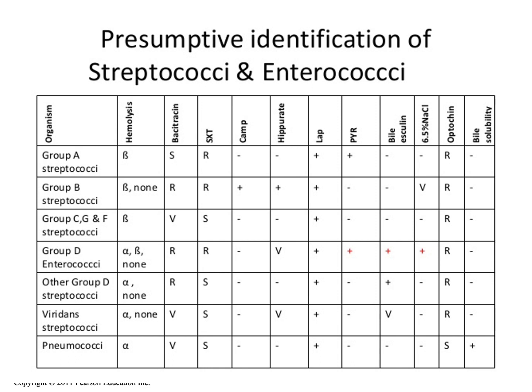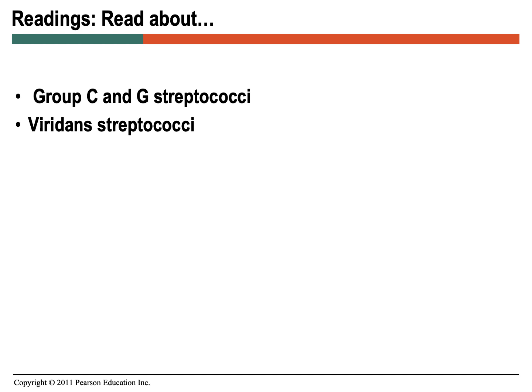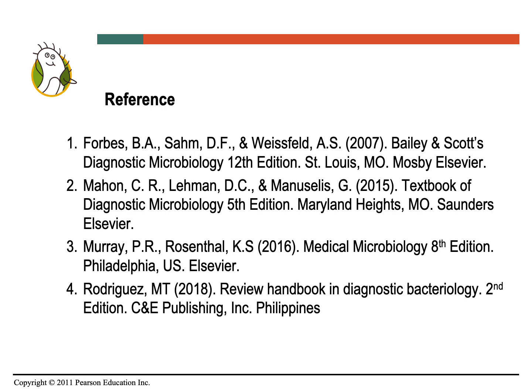Please familiarize yourself; you do not need to memorize everything. Just look at the salient results, the positive reactions. For readings, read about group C and group G Streptococci and nutritionally variant Streptococci. These are the references I used for this discussion.